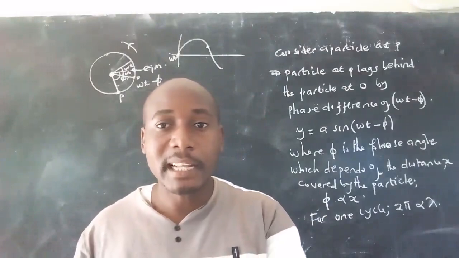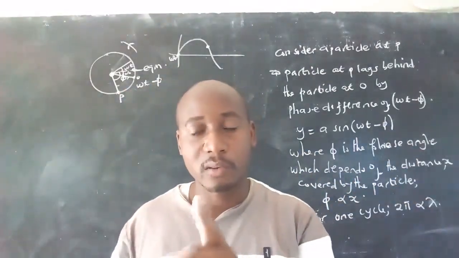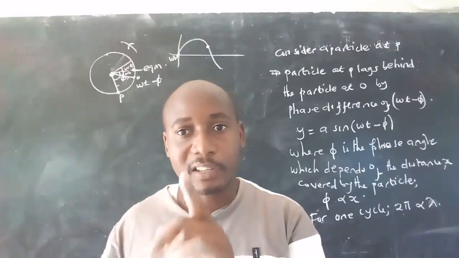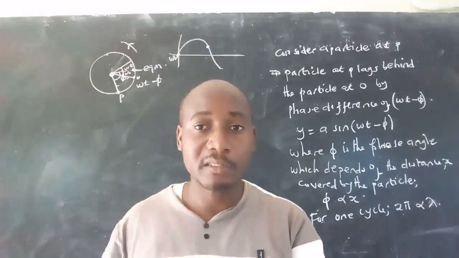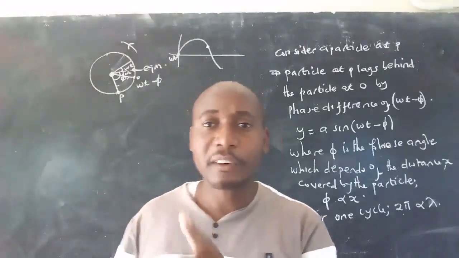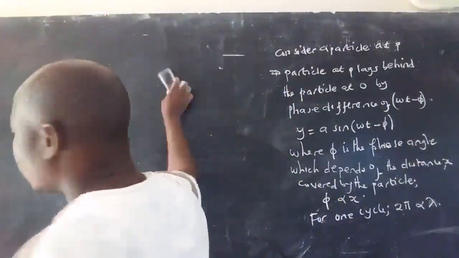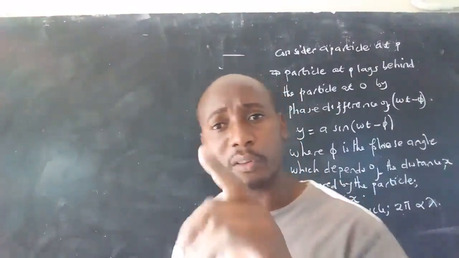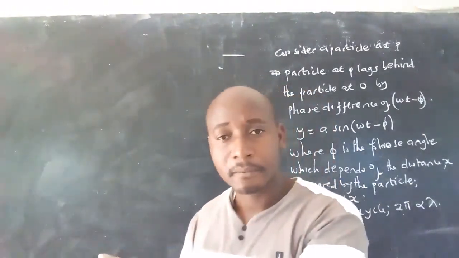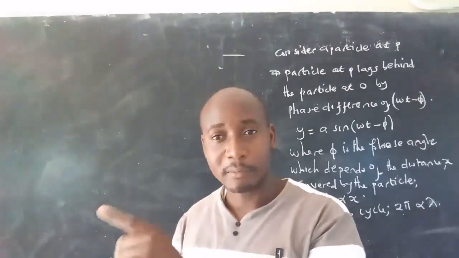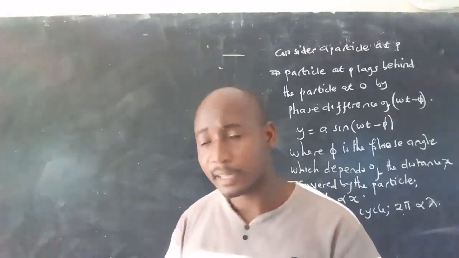Not all the particles which have moved have the same phase angles. They will have the same phase angles only if they are in phase. So the phase difference will be omega t minus that angle, which depends on the position x, the distance the particle has moved from the source. We are also comparing it with the particle which has moved a complete cycle.